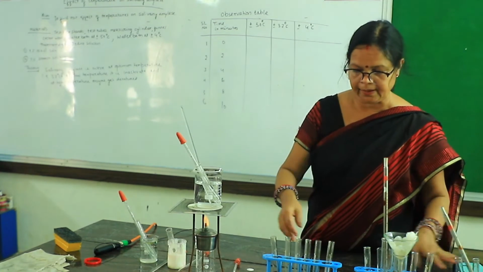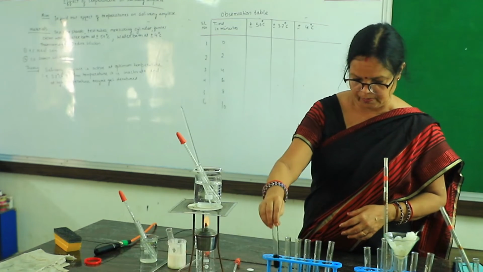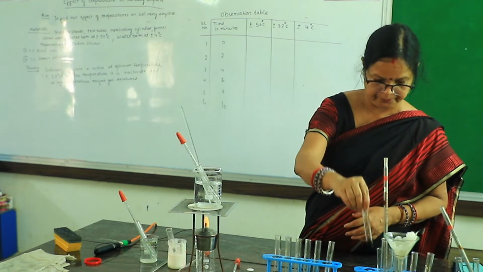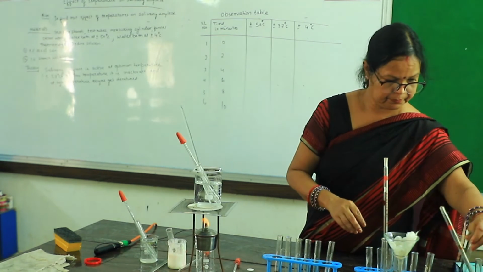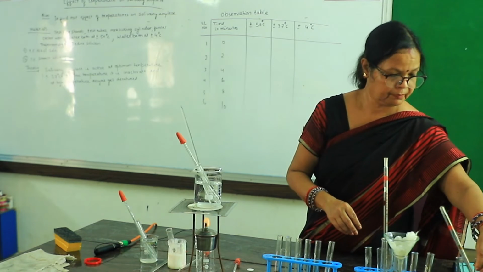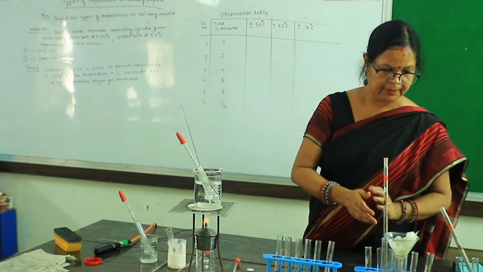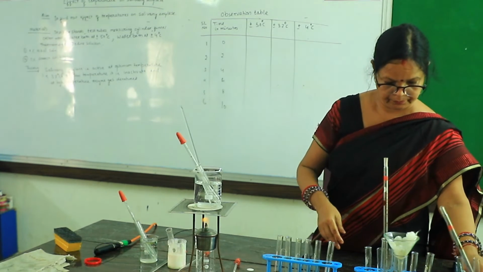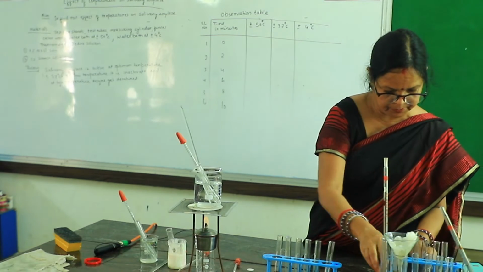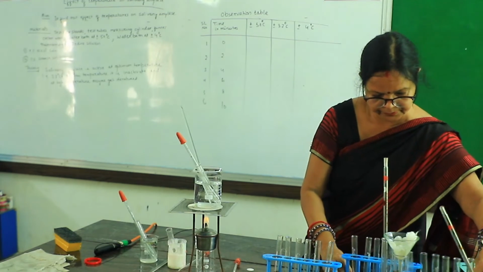So initially, in all test tubes, the first test tube turned to blue black color. So 50 degree, 37 degree.